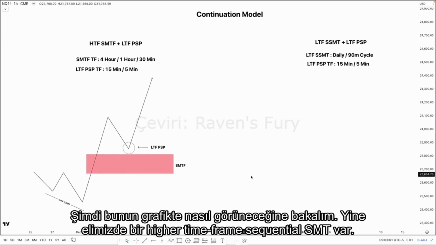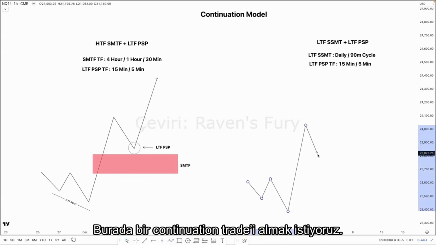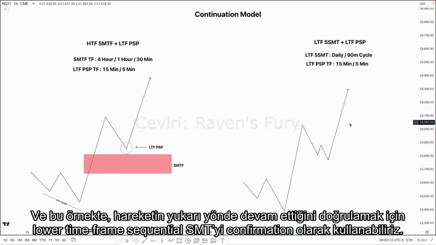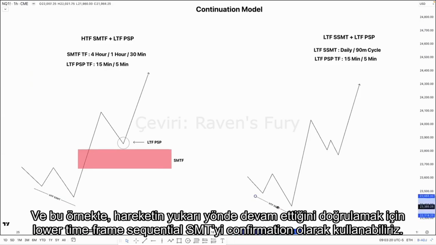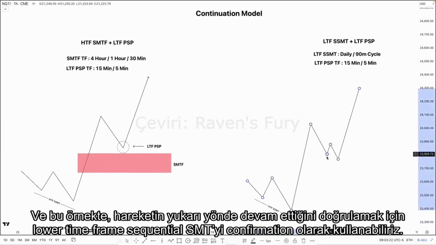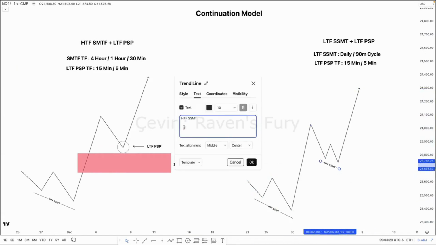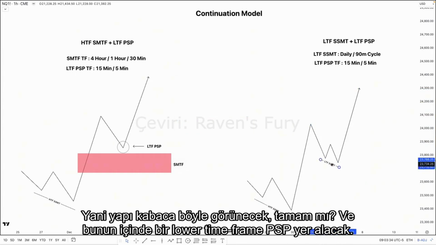Now what this would look like is, once again, we have our higher time frame sequential SMT. We're looking to trade a continuation, and we can use a lower time frame sequential SMT as confirmation that we continue moving higher in this example. So it would look something along the lines of this.